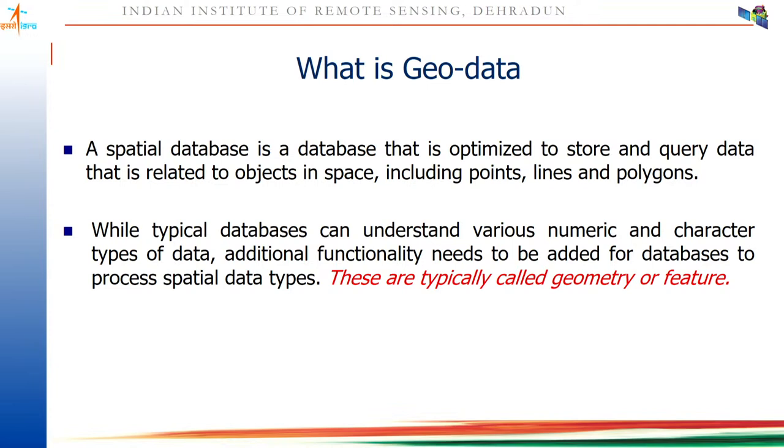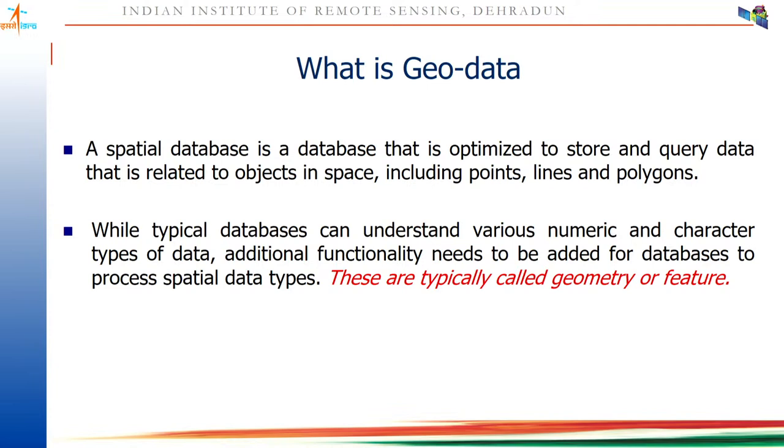And here typically the relational database management system, object-oriented relational database management system, or these days NoSQL database systems are already available. So what are the unique features of geodata that we will try to understand now? Typically, spatial data is a database that is optimized to store and query data related to objects in space, including point, line, and polygon.